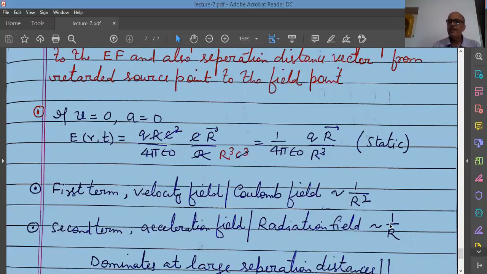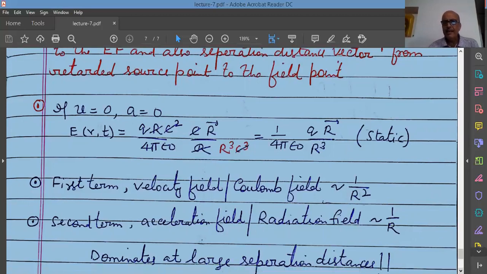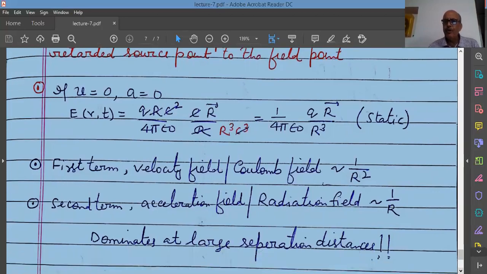The first term depends upon r as 1 over r square. The second term depends upon r as 1 over r. That means if you compare the two terms, the second term having 1 over r dependence dominates at larger separation distance. Even if the distance is larger, the radiation field will dominate.